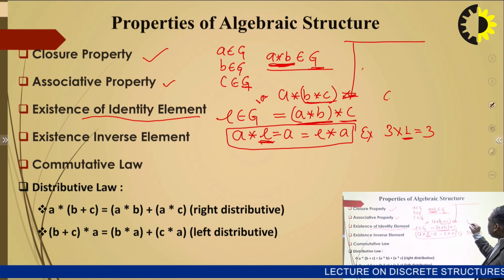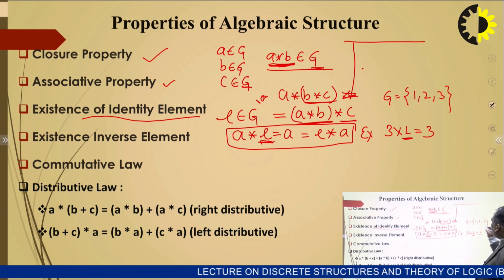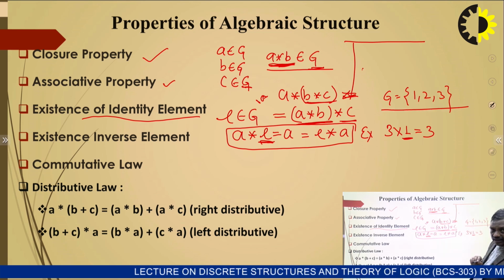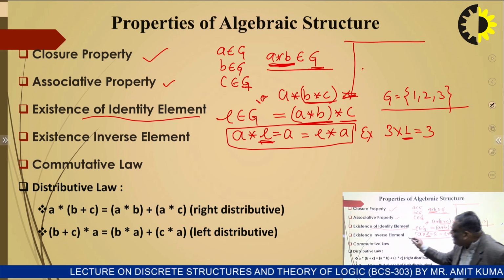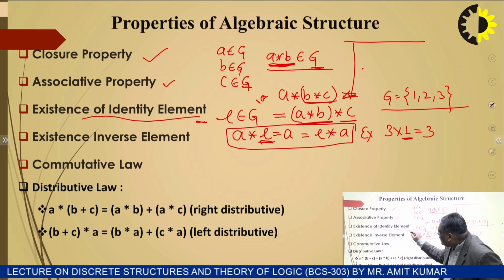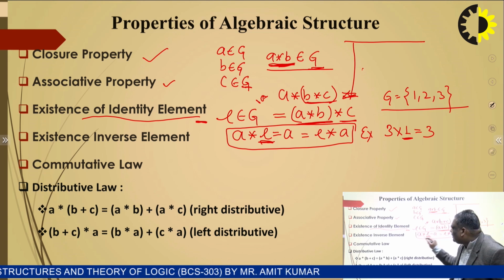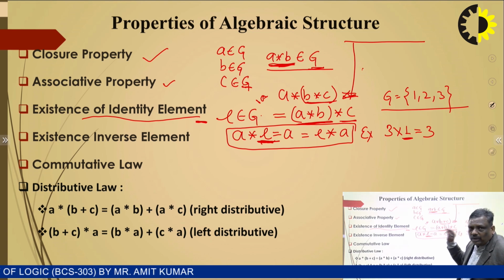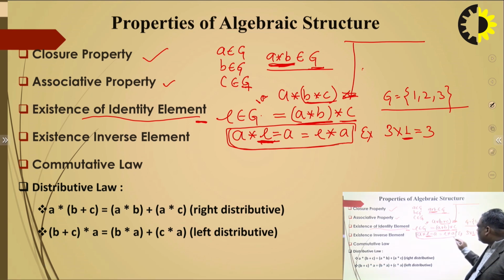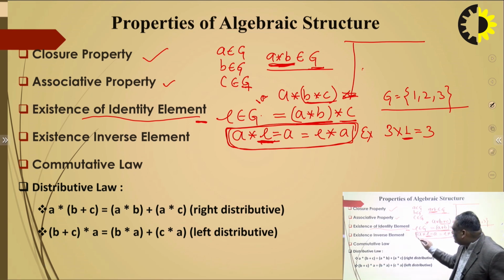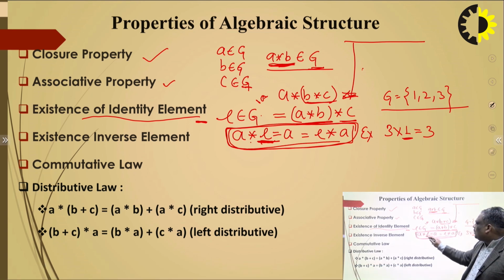If G has a set like 1, 2, 3, then E is the identity element.